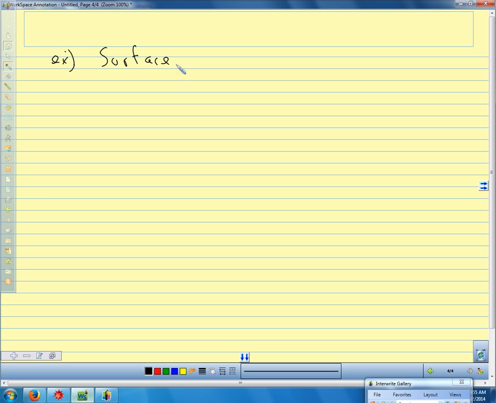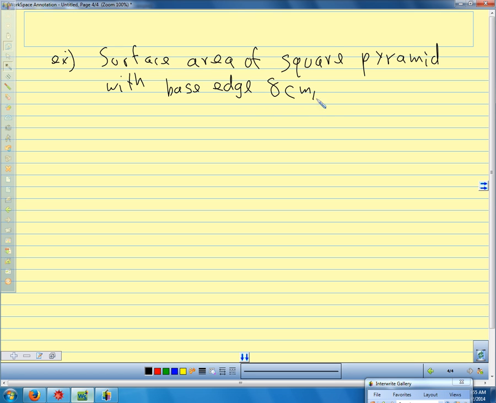A lot of times the problems are asked just in words: surface area of a square pyramid with base edge of 8 centimeters and slant height 12 centimeters.